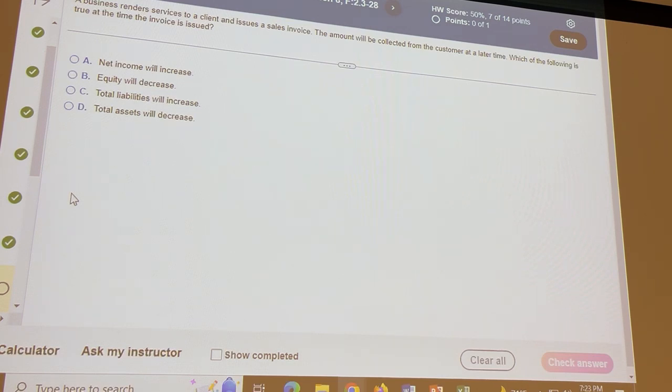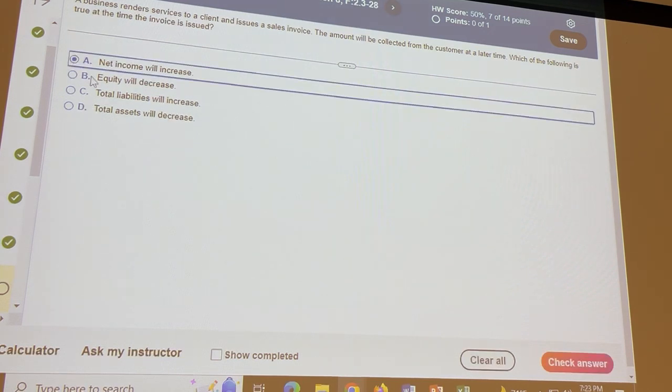No. Anybody else? Net income will increase. Yeah, it should be net income will increase because you record the revenue then. It doesn't matter that you haven't taken the cash in yet. As soon as you record the revenue, you're going to have net income as a result of having that transaction. So rendering a service means you're actively doing it.